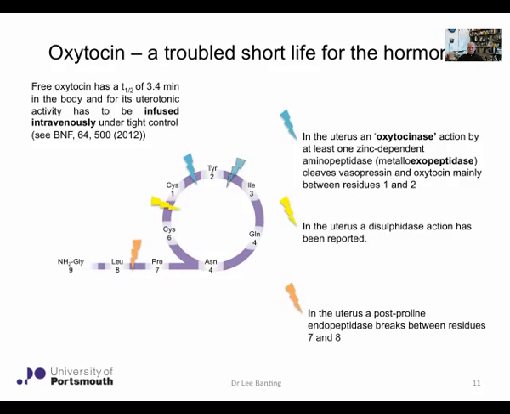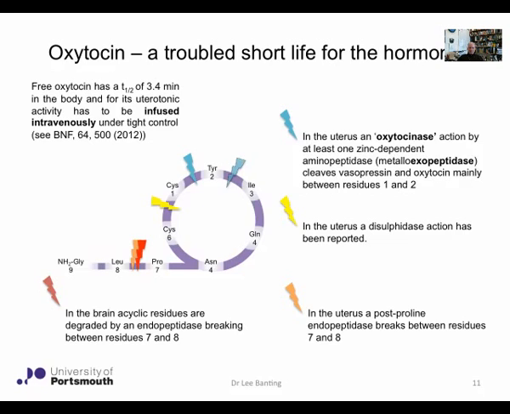And then in the uterus again, there's a post-proline endopeptidase that breaks between residues 7 and 8. And in the brain, there appears to be an endopeptidase, again breaking between 7 and 8. And it appears that when these conversions happen, the neuropeptide is deactivated.